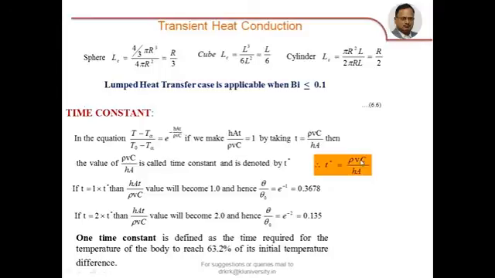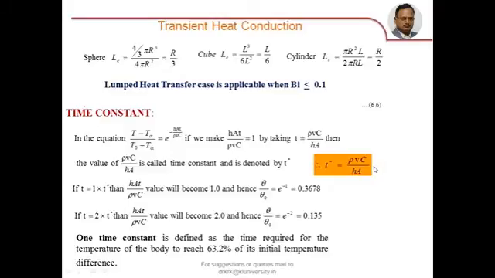The volume of the thermocouple junction is V, its specific heat is C, exposed to a convective environment of H, and the surface area A. So let the time constant of that thermocouple, T star equal to rho VC by HA, be say 5 seconds.